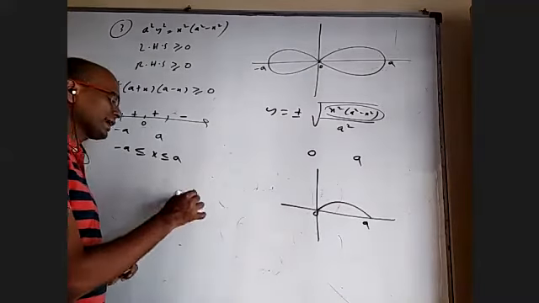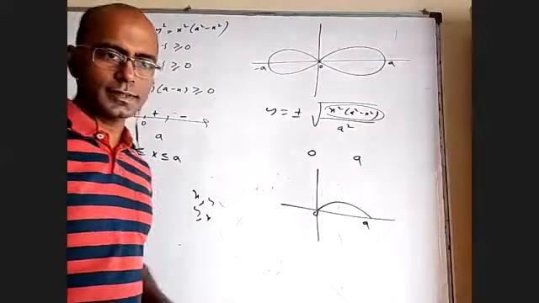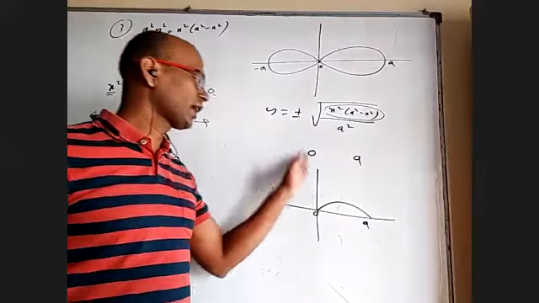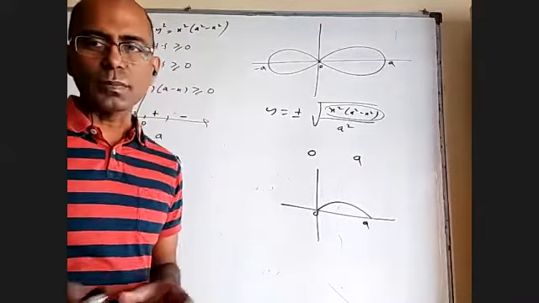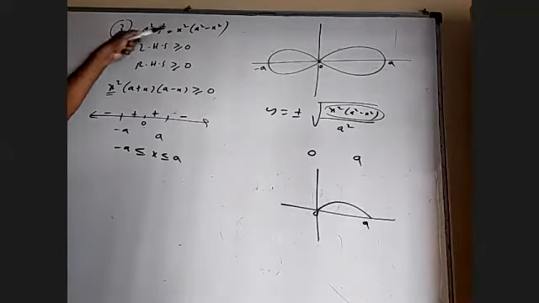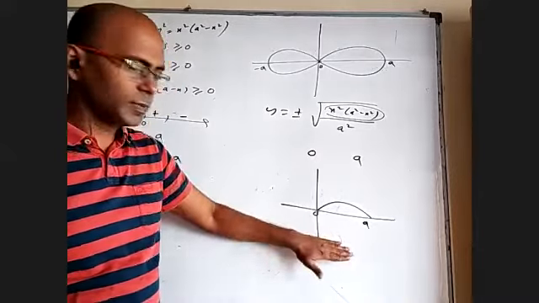When you replace x with y and y with x, no change, that is symmetrical about the y equal to x line. When you replace x with minus x, no change, symmetrical about y-axis. When you replace y with minus y, no change, symmetrical about x-axis. So here replace y with minus y, no change, x with minus x, no change, it's symmetrical about x-axis and y-axis. So find the mirror image with respect to x-axis.